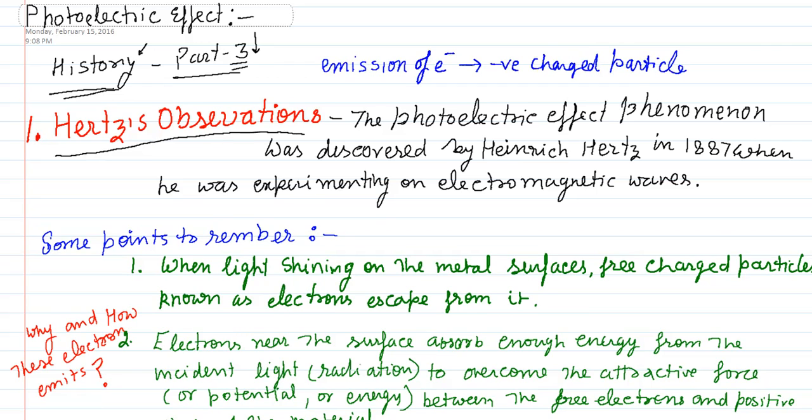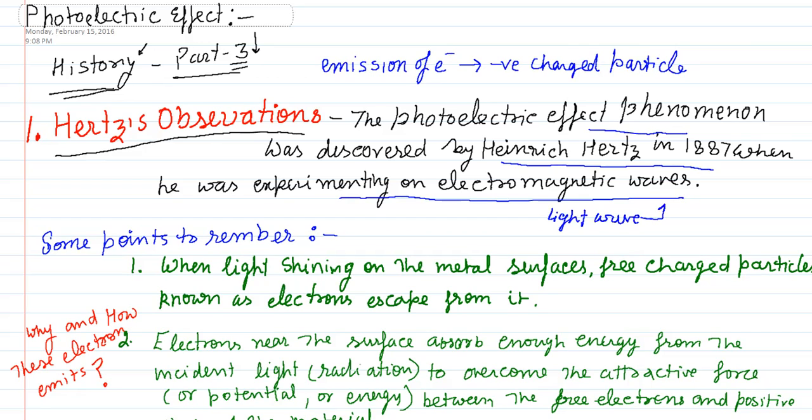So what is the idea of Hertz's experiments? The photoelectric effect was discovered by Heinrich Hertz in 1887 when he was experimenting on electromagnetic waves. Light waves, for example, are electromagnetic waves.